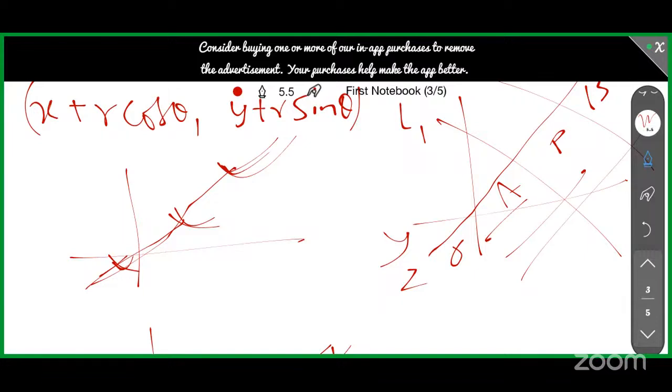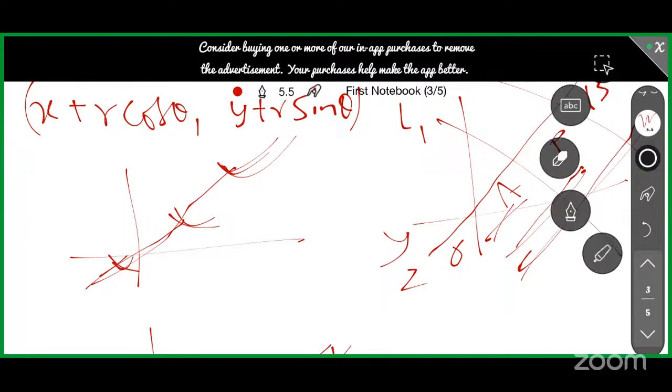Here we have already drawn these distances. All the three distances are different, no? Look carefully. First distance is shorter, second distance is a little longer, third distance is fully longer. Yes, sir.